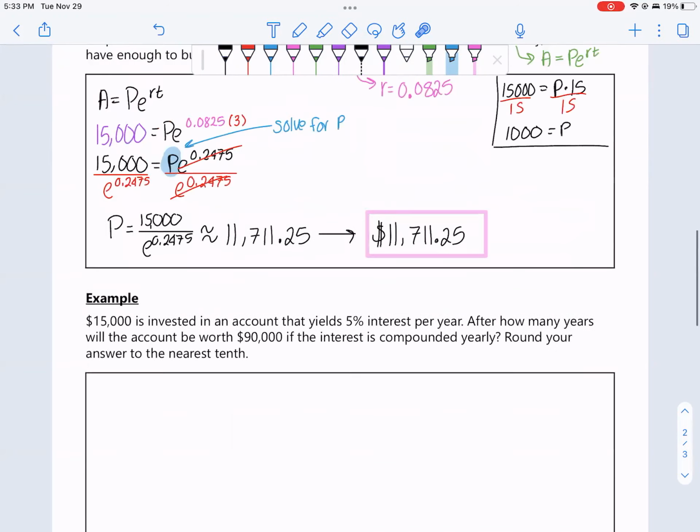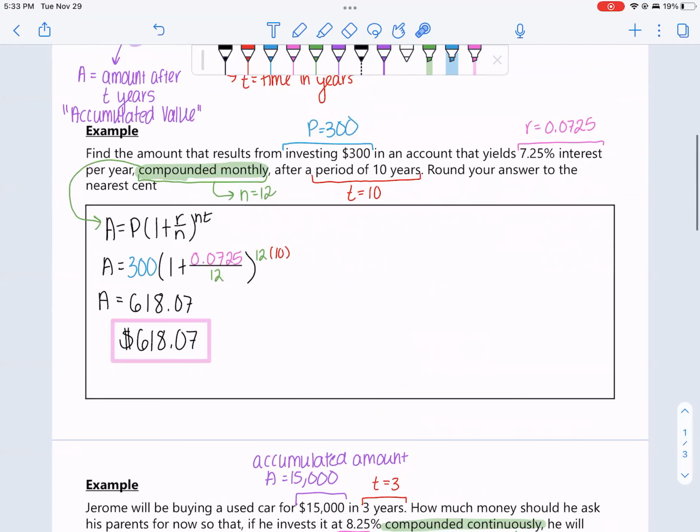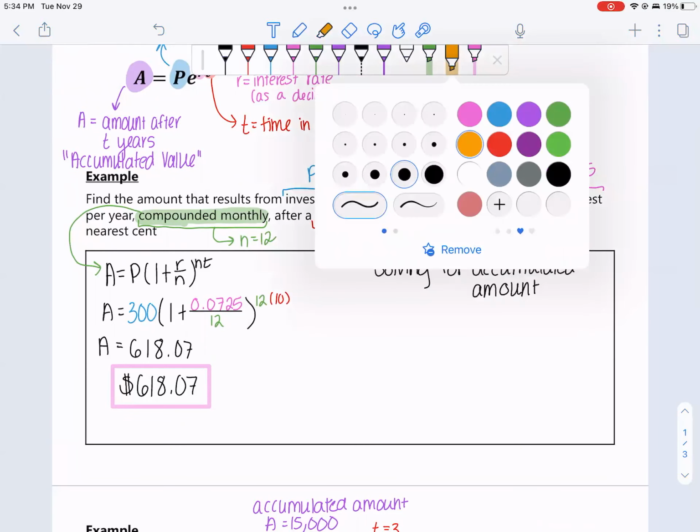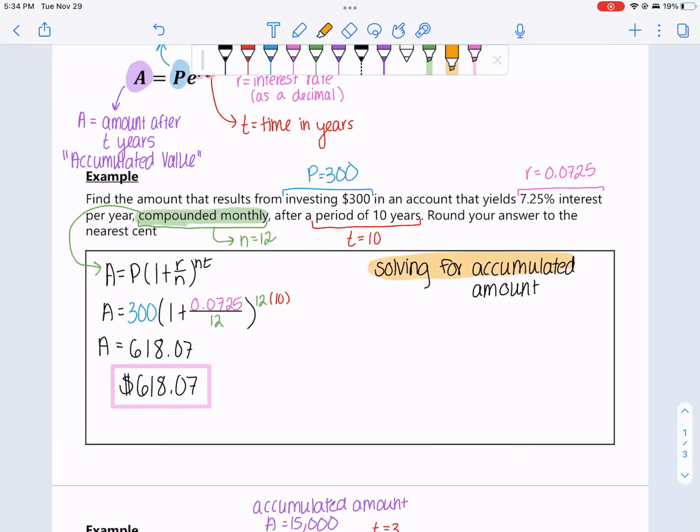Let's do another example. Making a point here, by the way, this first one right here was solving for an accumulated amount. Just in case you're looking back through your notes later and trying to figure out which examples we're solving for what.